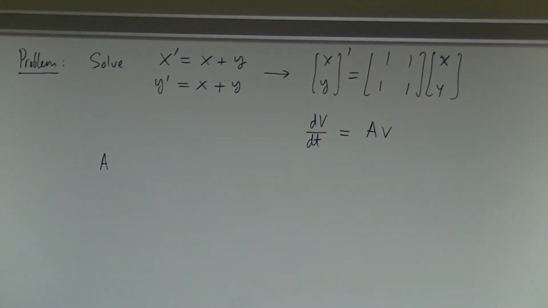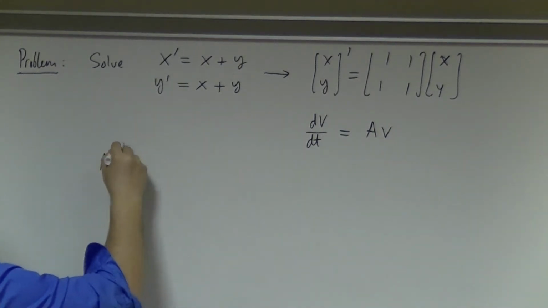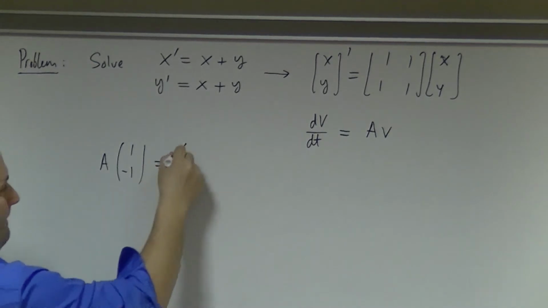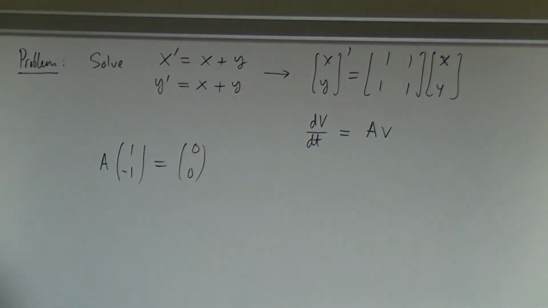So what is the eigenvector with eigenvalue 0? I'd say it's pretty obviously (1, -1). So there you go, there's an eigenvector with eigenvalue 0.